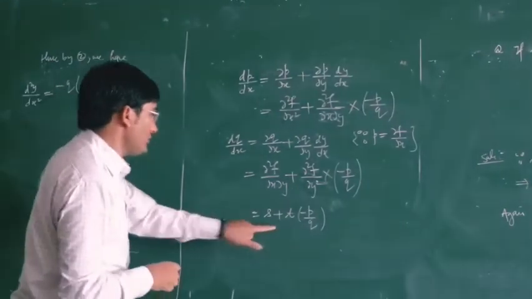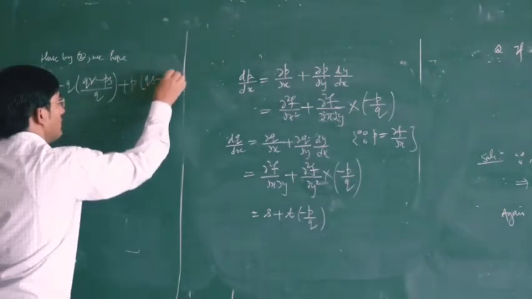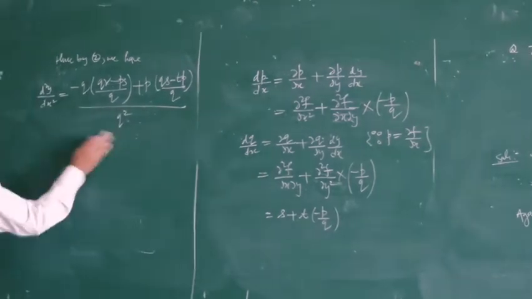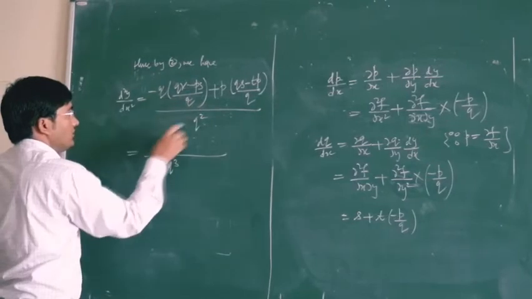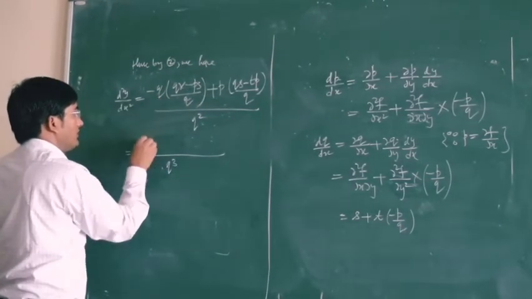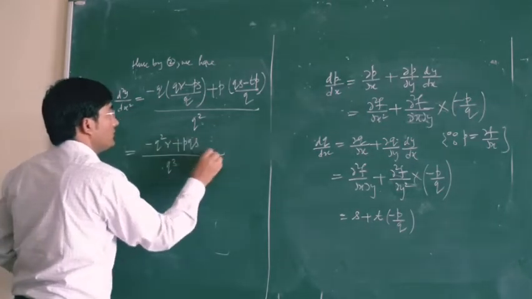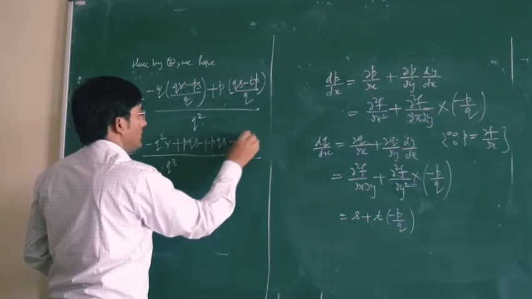Your del q upon del x will be (qs minus tp) divided by q square. Now if we take LCM, then we will have q cube here, this q is cancelled. Now if you multiply by this q, then we will get minus q square r, minus plus pqs, then this term is plus pqs, then we will have minus tp square.